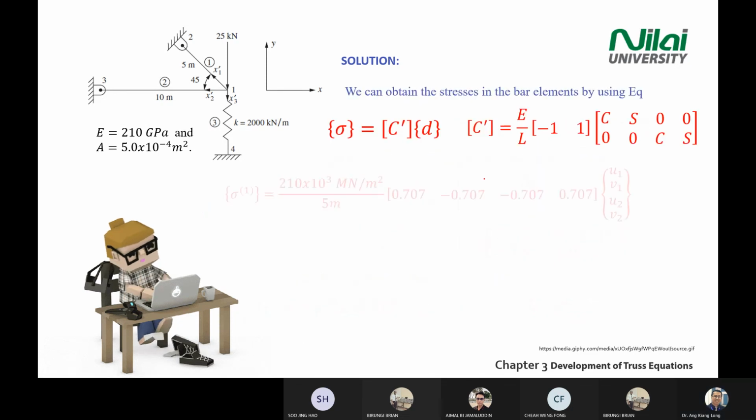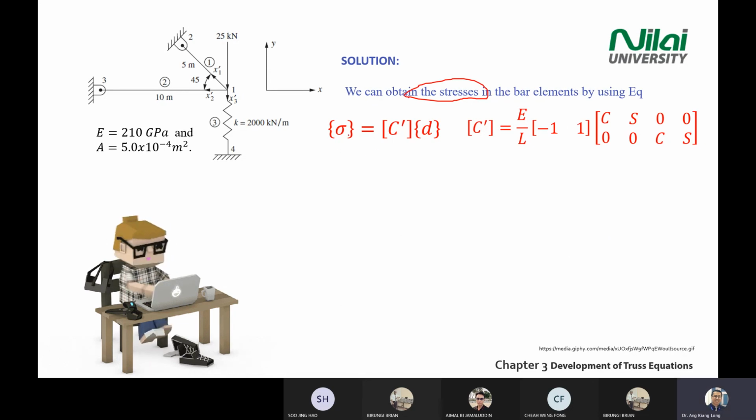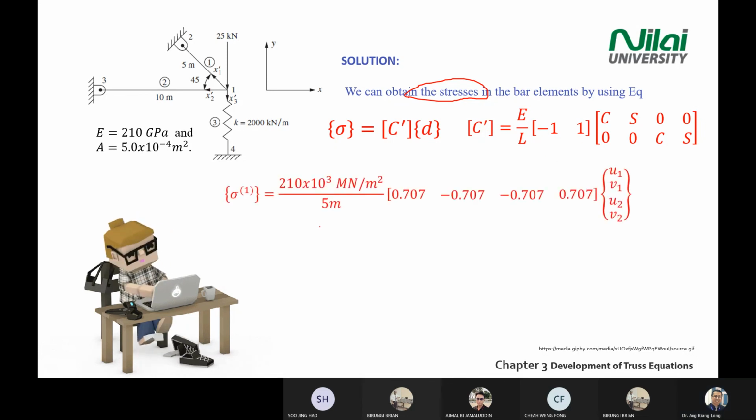Then you solve for the stress inside the bar. Recall the equation, stress equal to C prime D. Recall what your C prime is: C prime equals EL times this whole thing. Substitute all the numbers. You calculate your EL, minus 1, 1, and times the cosine matrix.